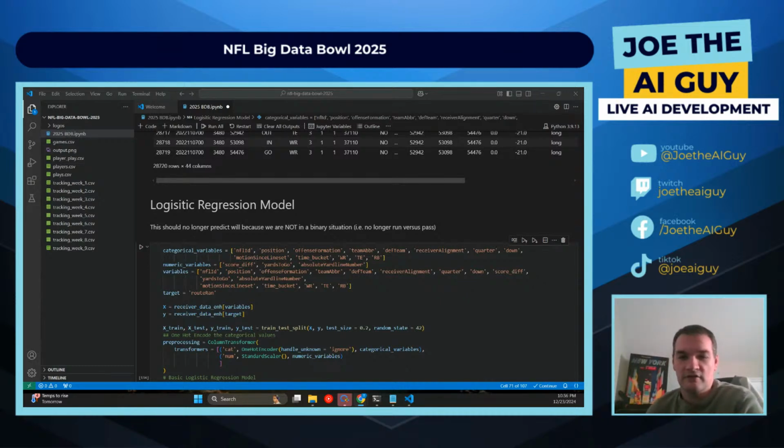What I'm looking at here is, I guess the summary of everything today: knowing how many receivers, tight ends, running backs on a given play adds very, very slightly to the predictive power. At least it's not bringing it down like knowing who all the players are. But it wasn't particularly helpful.